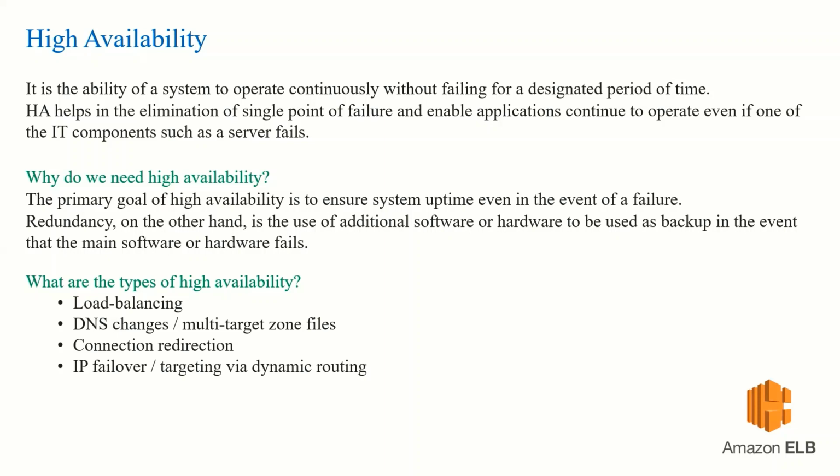So what are the types of high availability features or options available with Amazon? To begin with, we have one such facility called load balancing. And next, high availability can be achieved with the DNS, that is the domain name system, that will target multiple zones. That means you will have your virtual machines in multiple zones and make the web server available in all these locations.